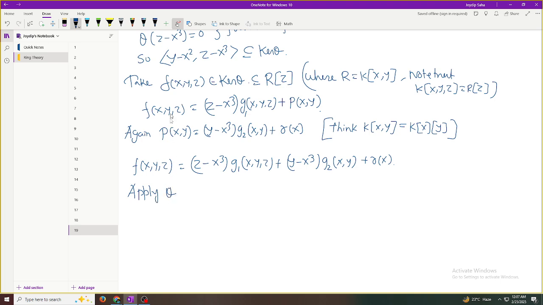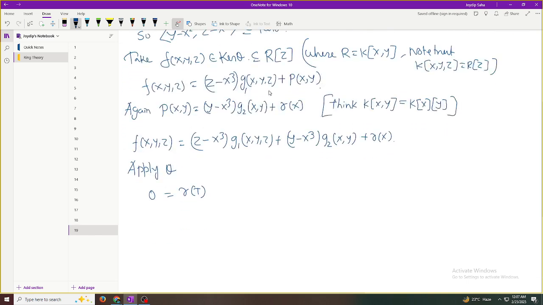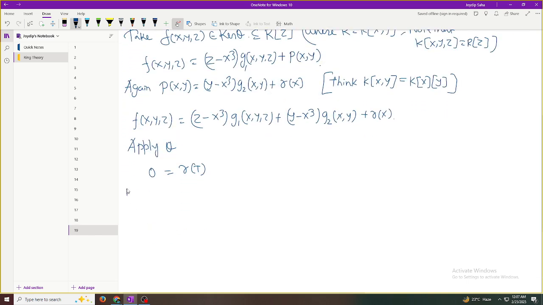Now f belongs to the kernel, so if we apply theta, this is 0. Now this is 0, this is 0, so r(t) is 0, because x goes to t. Now r(t) is 0 means r(x) is also 0. If r(x) equals a0 plus a1 x plus ... plus an x to the power n, this implies 0 equals r(t) equals a0 plus ... plus an t to the power n.